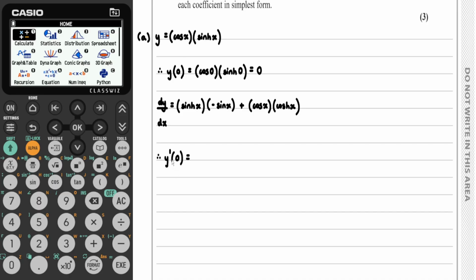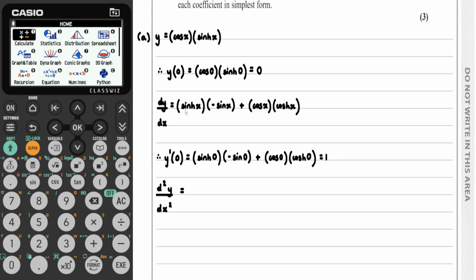So now if I find the value of y dash when x is 0, we would have hyperbolic sine of 0 times negative sine of 0 plus cos of 0 times hyperbolic cosine of 0, which is 1. Let's now find the second derivative.